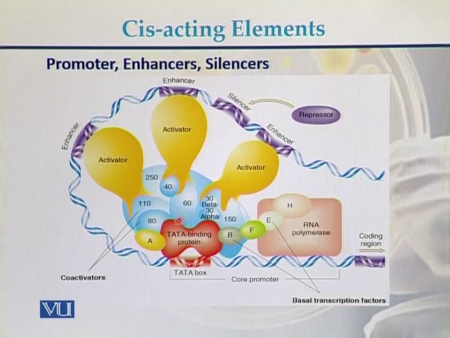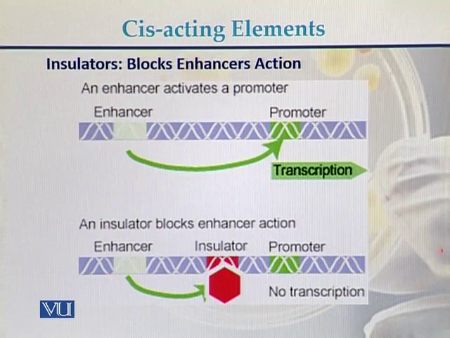The general binding factors bind to the region of the TATA box, and the special transcription factors usually bind with the DNA sequences called enhancers or silencers. Here we can see that an insulator may block the enhancer action.